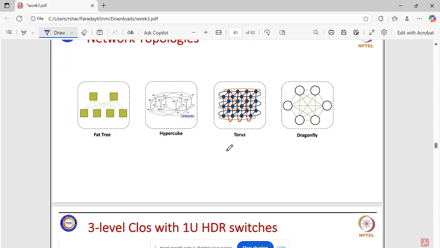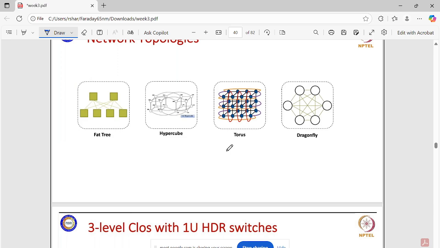So the network topologies have equation-defined routing between the elements.